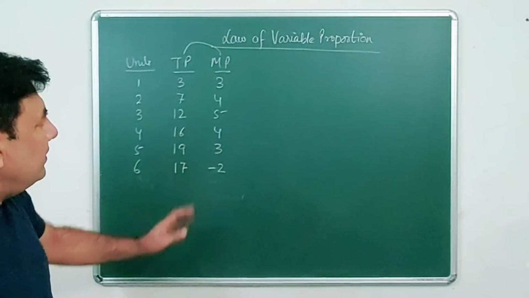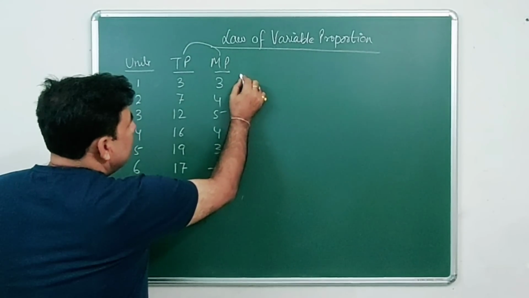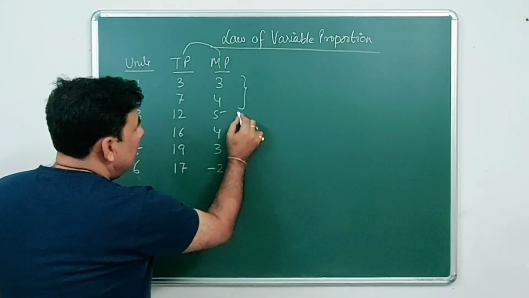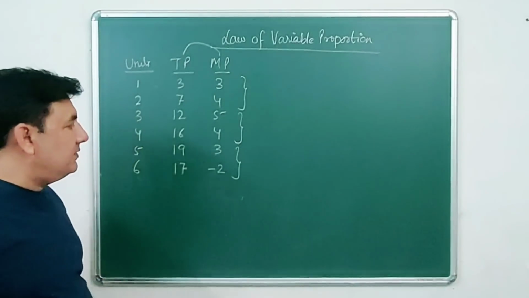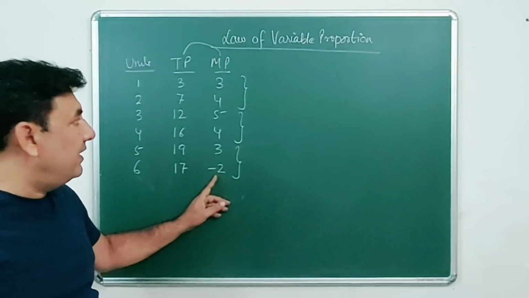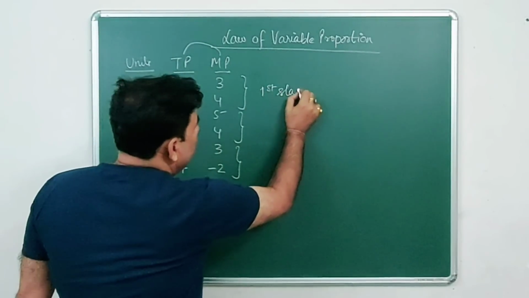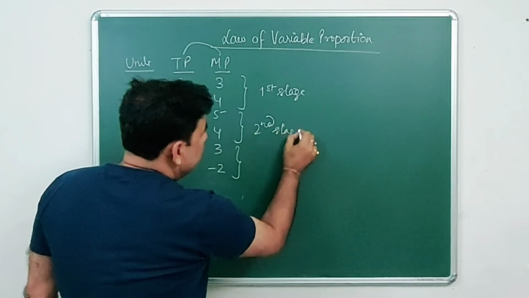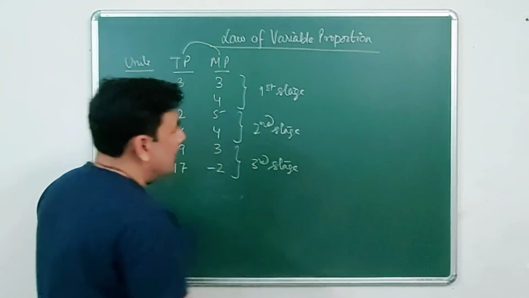Now when you observe this, you will see that first it increases at an increasing rate, and then in this stage it becomes constant, and here it increases with a diminishing rate, and finally it becomes negative. So this is called the first stage, this is the second stage, and this is the third stage, right?